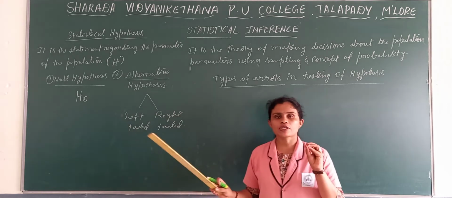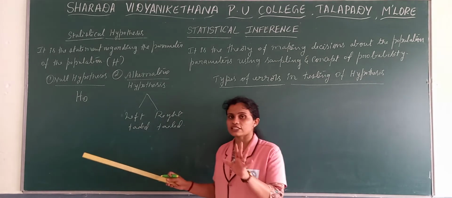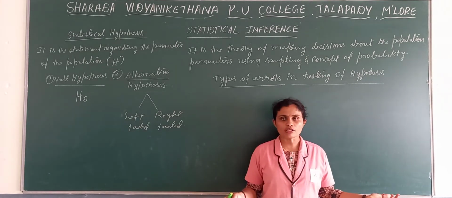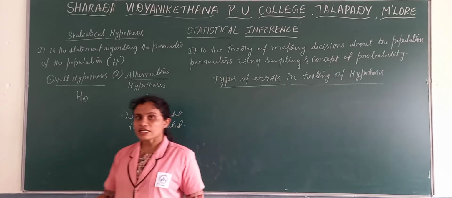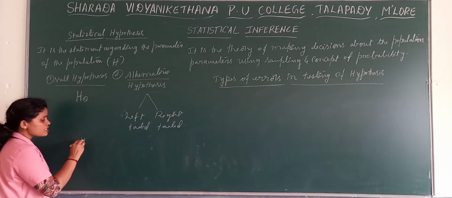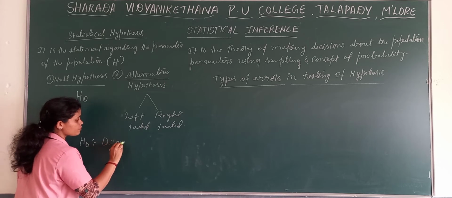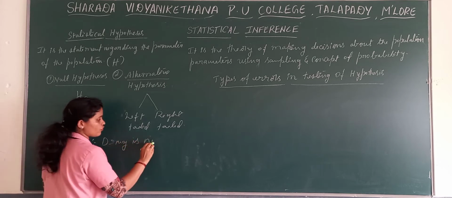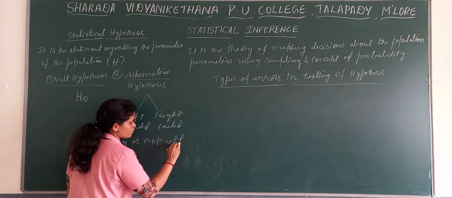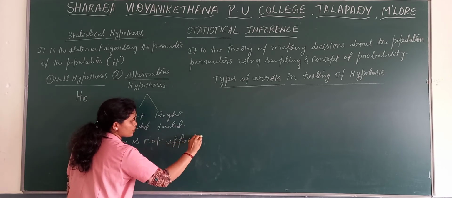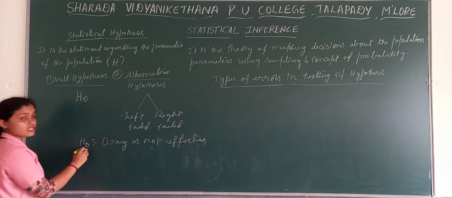Now, for example, as I said, the null hypothesis statement is set for the purpose of rejection. For example, a particular drug is there. We need to check whether that drug is effective or not effective. How to set the null hypothesis? H0 we set as: a particular drug is not effective. That is H0.